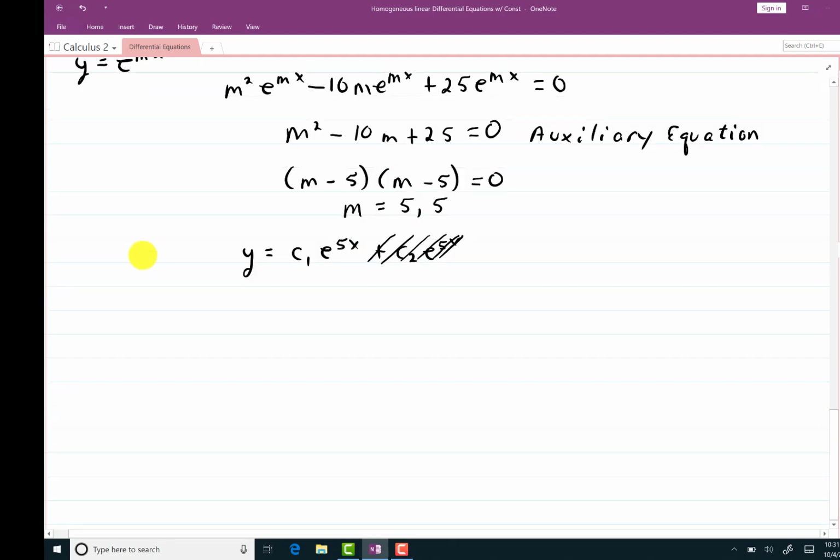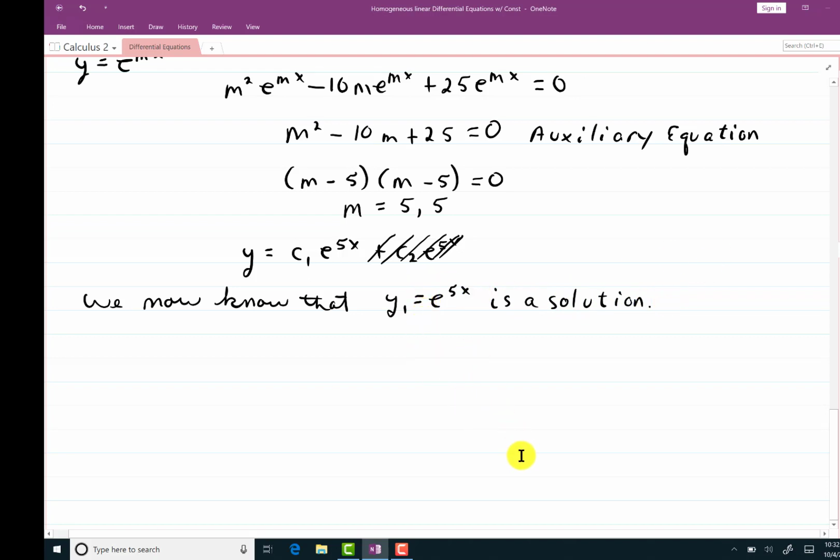So we already know that one solution will be e to the 5x, but we can't necessarily have this. So we now know that y1 equals e to the 5x is a solution. So the same thing that we did in the last section, we're going to use that to find another solution.